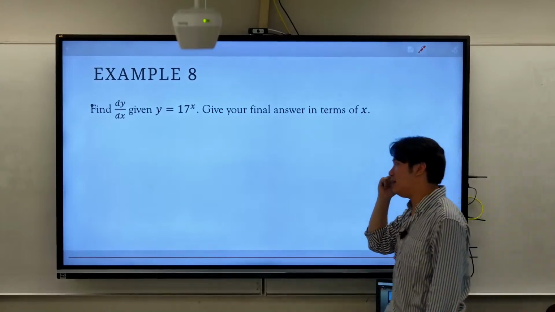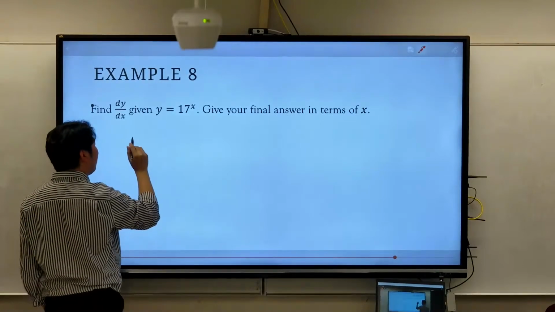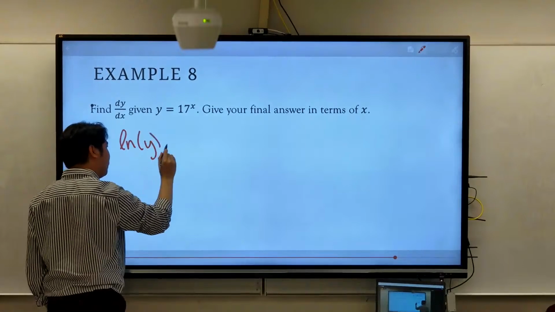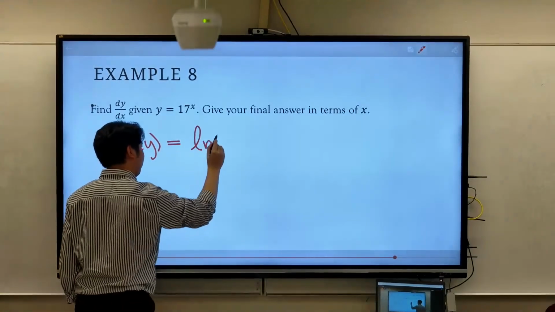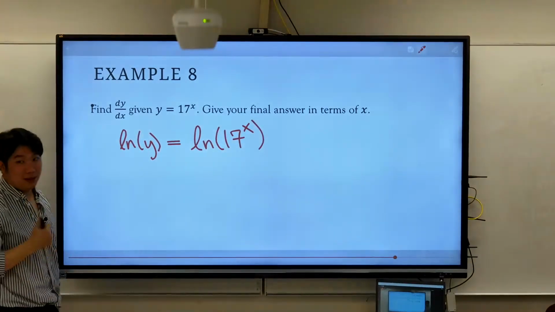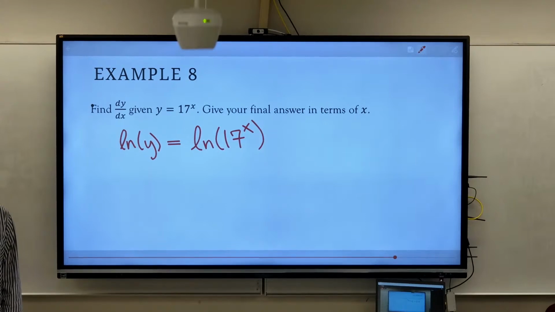So using that idea, it's perfectly legal for me to write something like this. Is it weird to write this? Yes. But I did natural log of the left and the right. So these are still equal to each other.